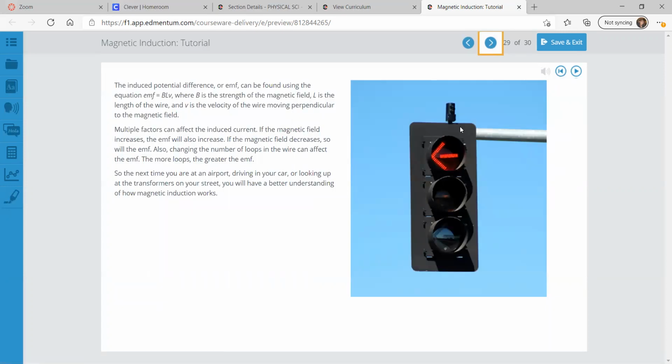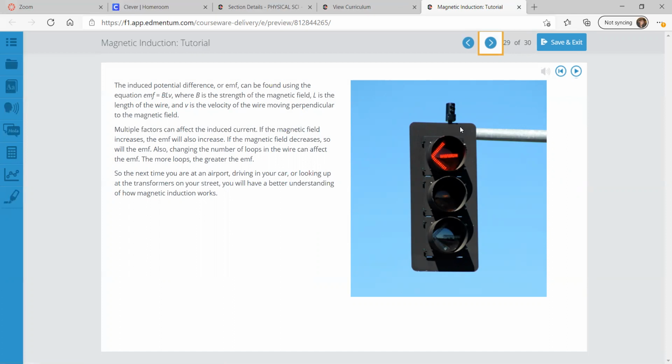The induced potential difference, or EMF, can be found using the equation EMF equals B times L times V, where B is the strength of the magnetic field, L is the length of the wire, V is the velocity of the wire moving perpendicular to the magnetic field, and multiple factors can affect this induced current.